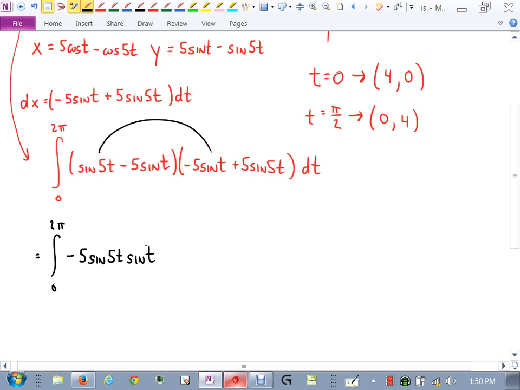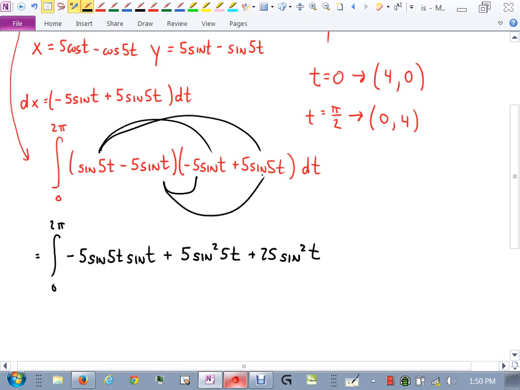Can't do anything to that, right? Can't put those sines together. Here to here, what's that? Plus 5 sine squared 5t. Okay, inner one here, what's that? Plus 25 sine, is it squared? t.